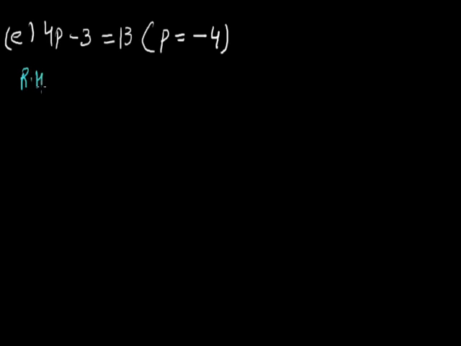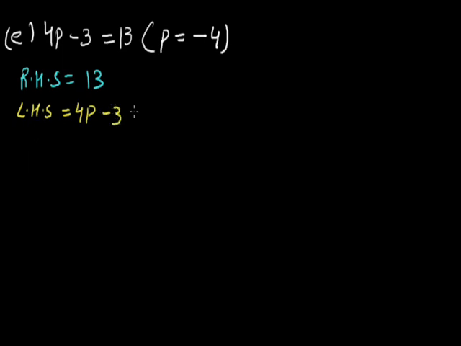Now the E part. In E part we have 4p minus 3 is equal to 13 where p is equal to minus 4. Now here in the right hand side we have 13 and in the left hand side we have 4p minus 3.